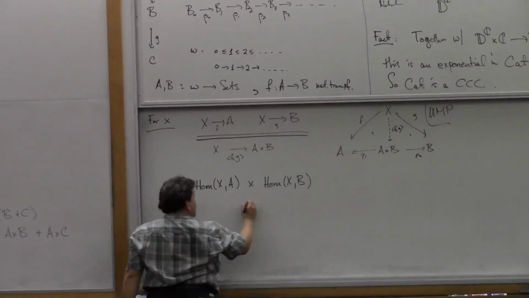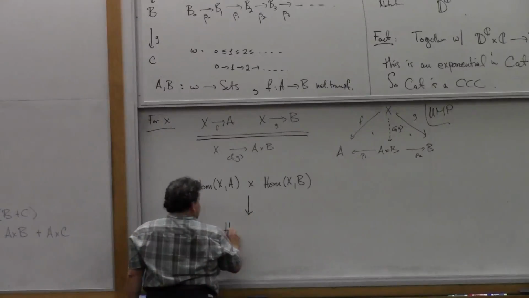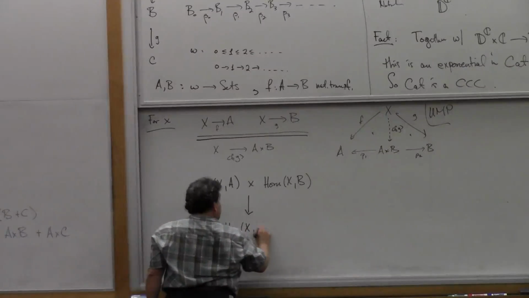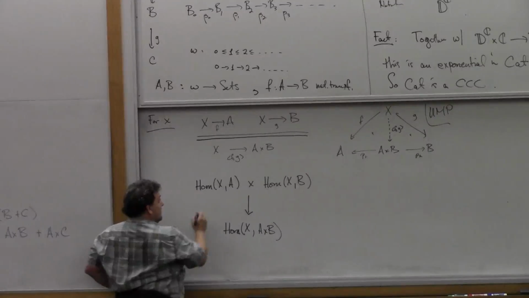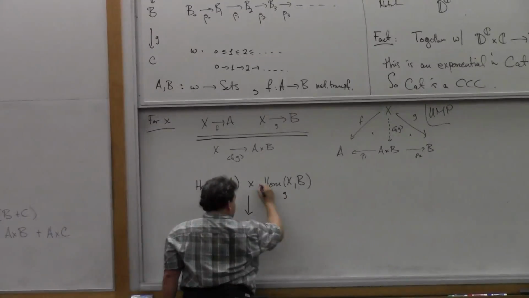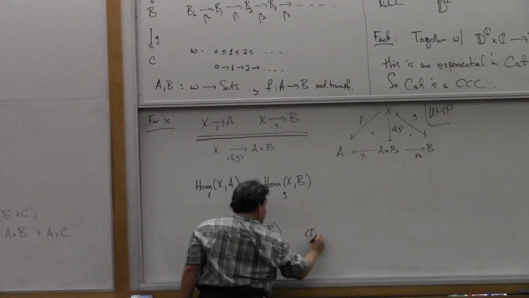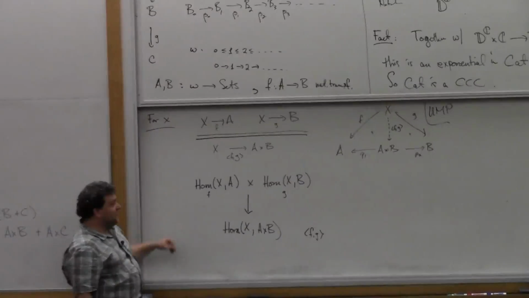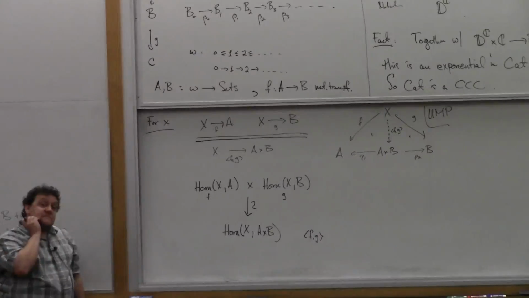And then there's a map going down to below the line and landing in Hom(X, A cross B). How does the map work? It takes F and it takes G and it pairs them up to give me (F,G). And now the universal mapping property says exactly that this is a bijection of Hom sets.